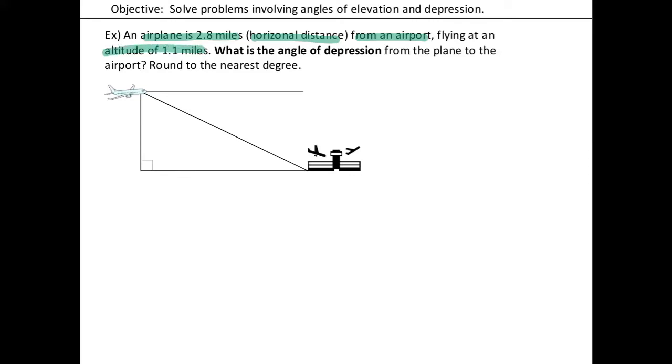The question is asking, what is the angle of depression from the plane to the airport, rounded to the nearest degree? So we have to figure out where to put this 2.8 miles, where to put this 1.1 miles, and where to put my x, the angle of depression.